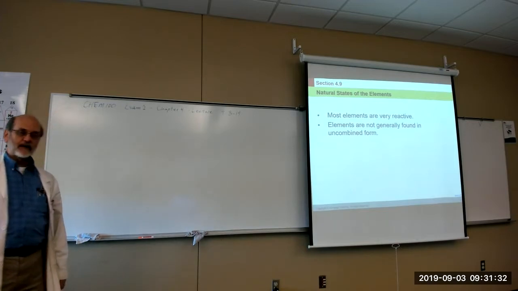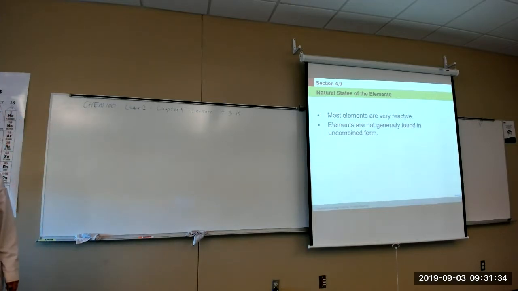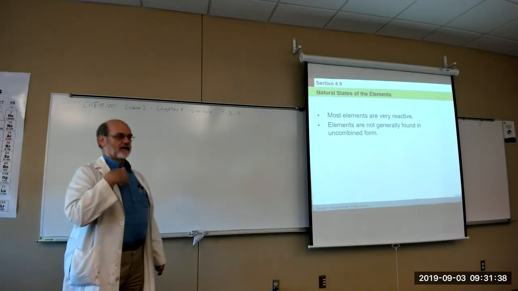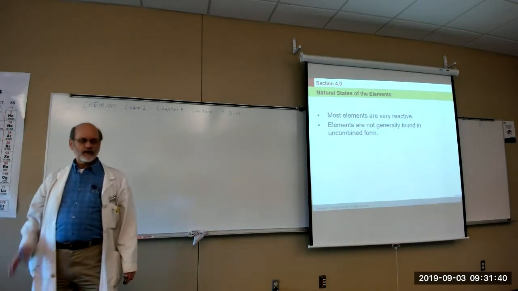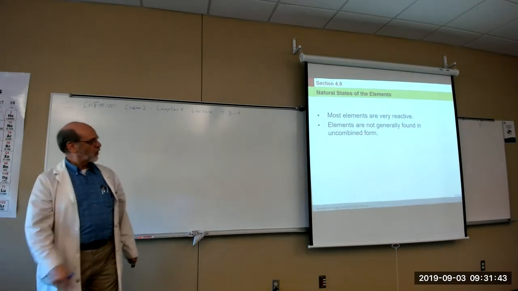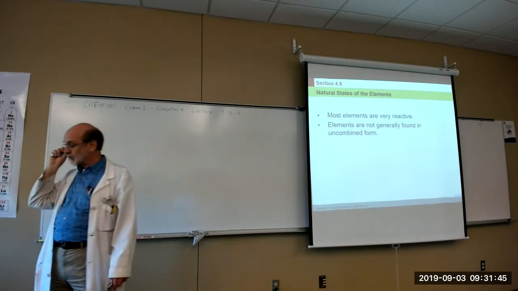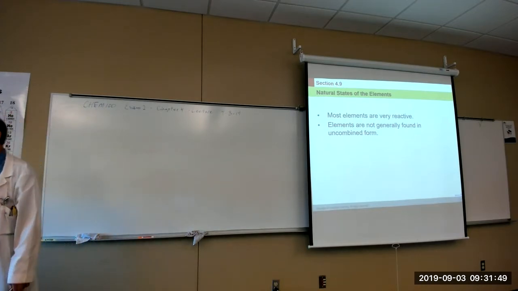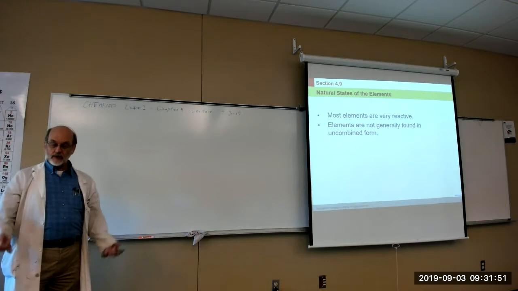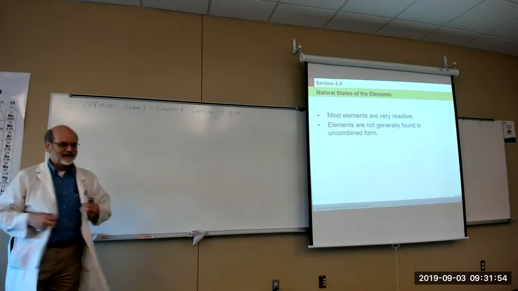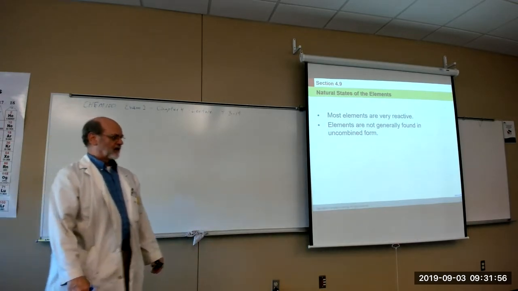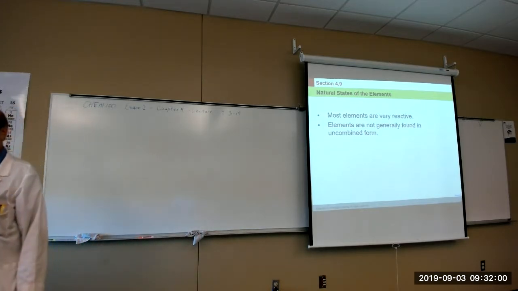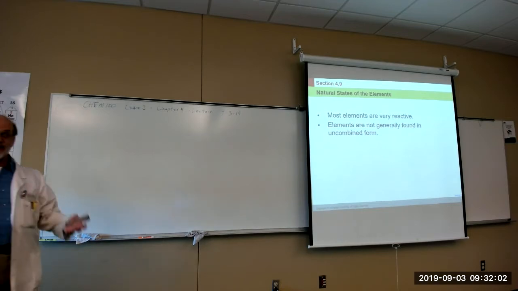Most elements in their purified state are very reactive. That's why you don't find pure metals, or pure elements, in nature, because they're very reactive. The fact that we have 20% oxygen in our atmosphere is good for us because we need it to live, but it's not real common in the universe to have that much oxygen because it's very reactive.